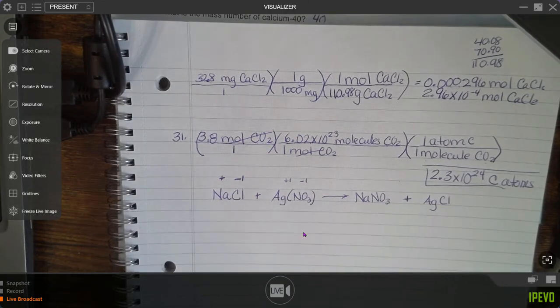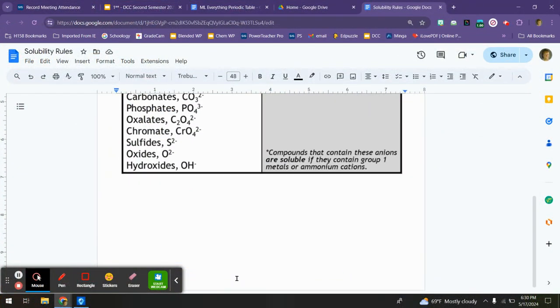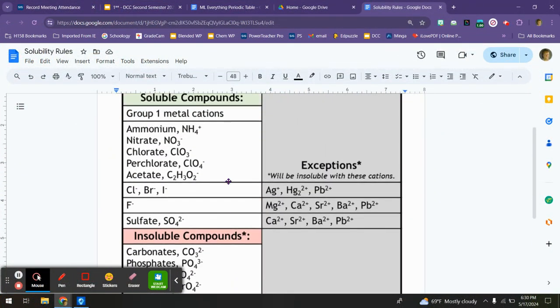Let's hop back to the solubility rules real quick. Group 1 metals are always soluble, so sodium is in group 1. It's going to be aqueous, aq. Chlorides are always soluble except, notice, silver. When it's silver chloride, that is going to be a solid. So hopping back over here.